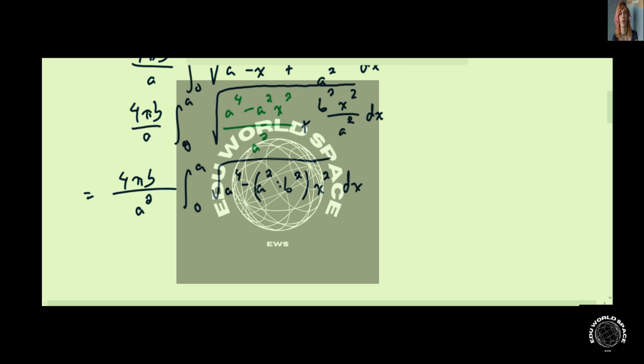So this plus should be a minus. Oops, I made a mistake there. Should be a minus. And if I factor out a to the fourth again, this is equal to a to the fourth times 1 minus a squared minus b squared times x squared divided by a to the fourth power.